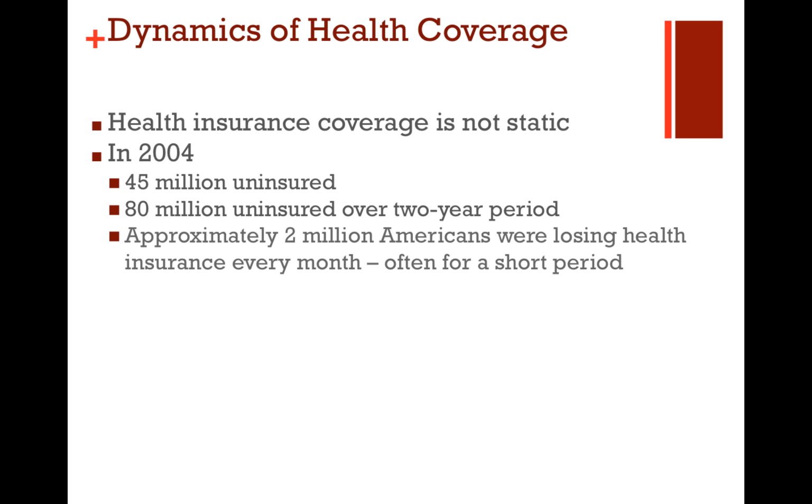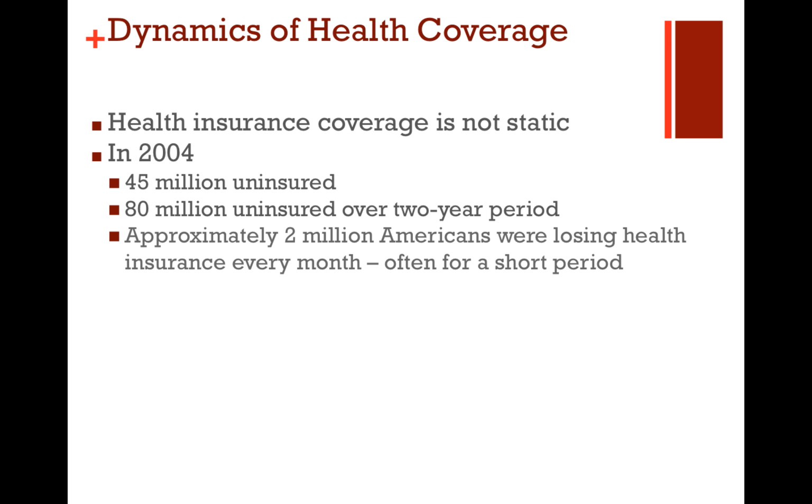But if you look at a 2-year period, that number goes up to 80 million who are uninsured at some point over the 2-year period. And approximately 2 million Americans were losing health insurance every month. Often it was just for a short period of time. It might be when they were changing jobs, for example, and they would go without insurance during that probationary period of the first 90 days. And so people would come on and off insurance.